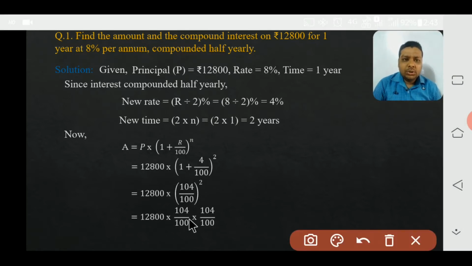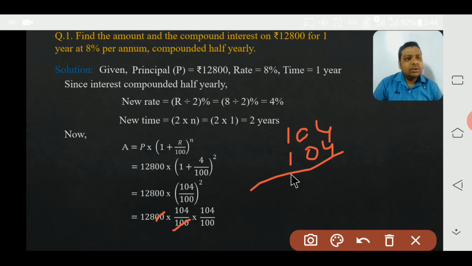Let's solve it. 0 and 0 directly cancel out. Okay, now let's multiply these 3 terms and then we will divide by 100. So at first 104 into 104. Okay, then it will be 416, then 0 0 0, then 104.